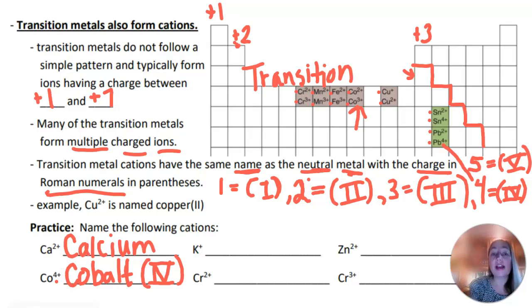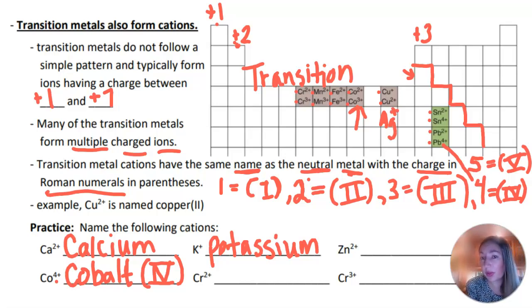Okay, so potassium's a group 1 element, so all we have to do is name it potassium because it only ever has a 1 plus charge. Now, zinc. I'm going to mark silver right here as a plus, or +1, but sometimes we don't put the 1.